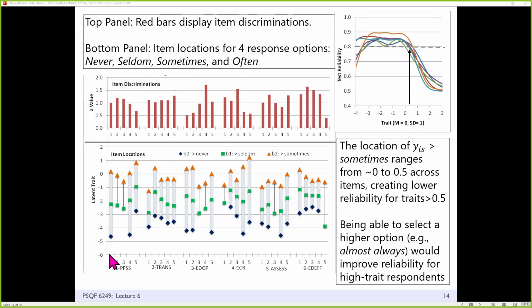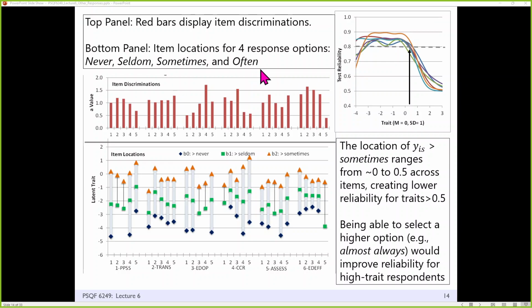That's not a very common trait level if we have a mean of 0 and a variance of 1, and it goes up to 2, but the only items that approach that have B values around 1, like there's just 1 or 2 here. So this compromises reliability on the high end of the trait because there are a bunch of people who are going to answer, I do this often for every item, and we can't differentiate just how high they are.